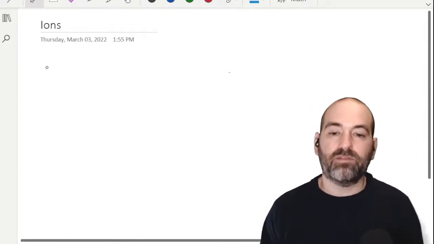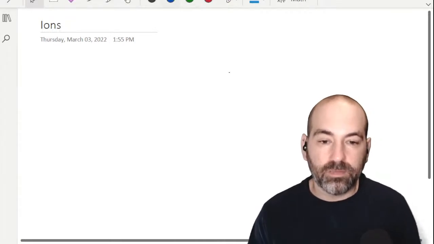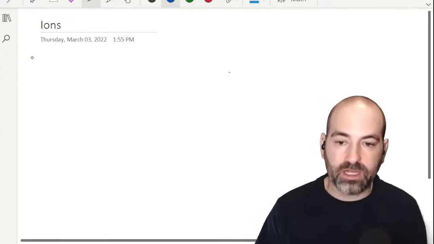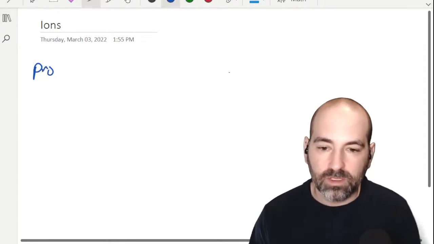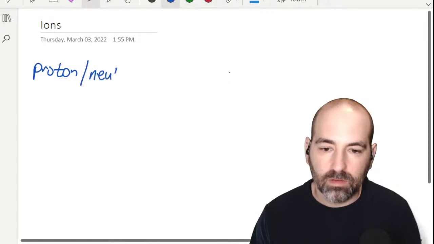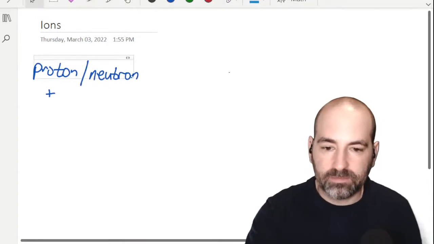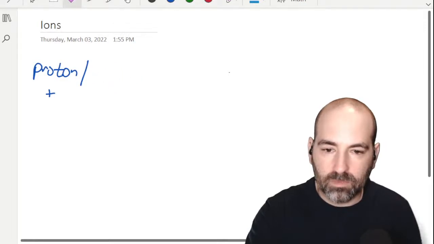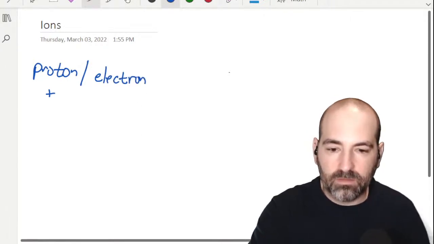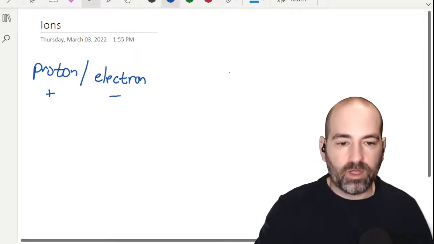So the balance of the protons and electrons is going to determine the overall charge, the electrical charge on that particle. That's what's going to determine the overall charge on a particle.